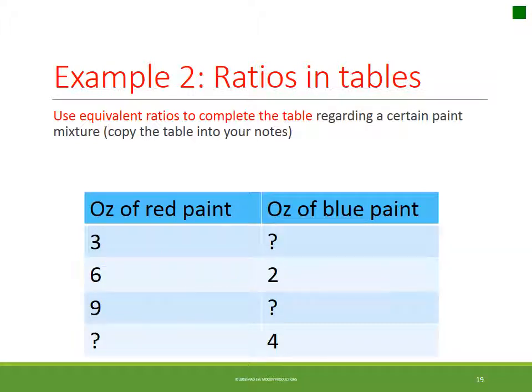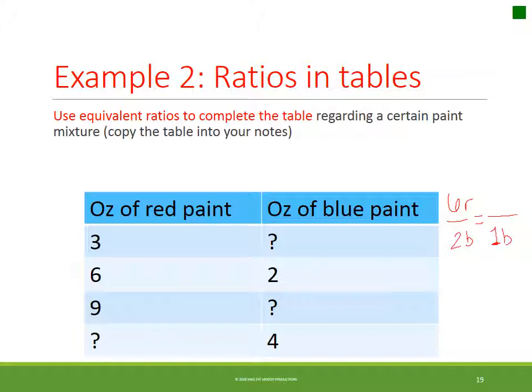So my complete ratio here is 6 ounces of red paint for 2 ounces of blue paint. And I need to know what this unit rate is in order to figure out the other equivalent ratios. So I know that my denominator, or my second quantity, is going to need to become 1, because that is what a unit rate is. It has the second quantity as 1.